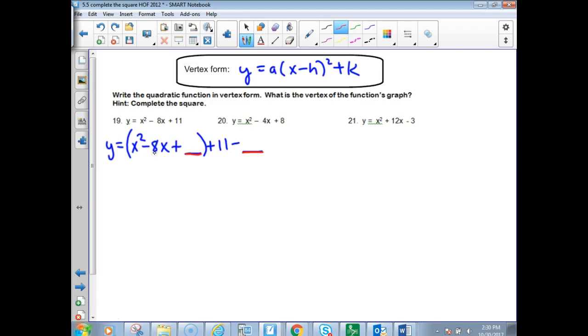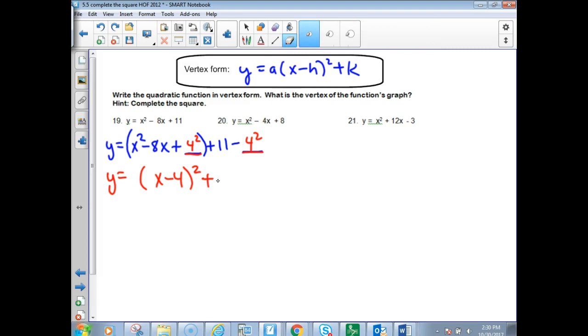So we do our process of completing the square. This is your b value. Half of that squared goes here. So 4 squared goes there. You also got to subtract it, though. Okay? So now we're going to rewrite this as our perfect square, x minus 4 quantity squared. And if you want to write a 16 instead of a 4 squared, that's fine. 11 minus 16 would be minus 5.